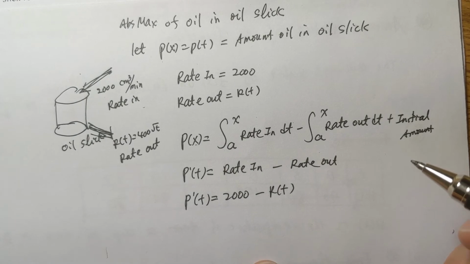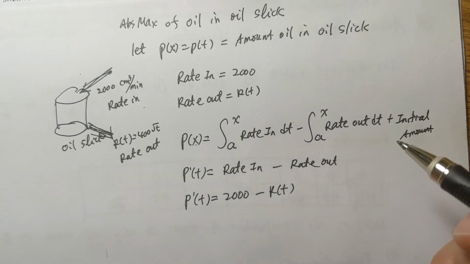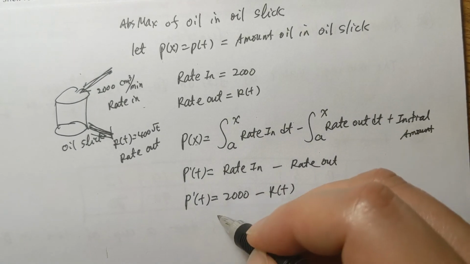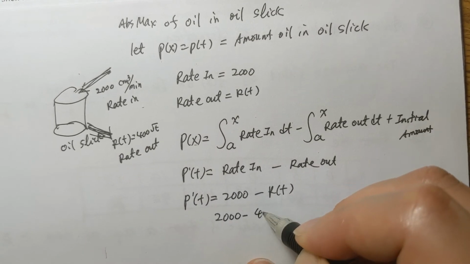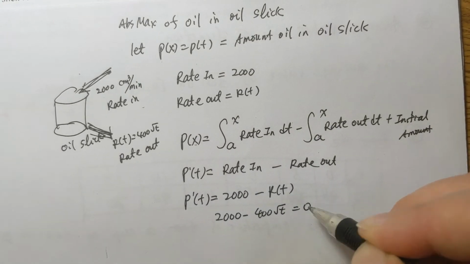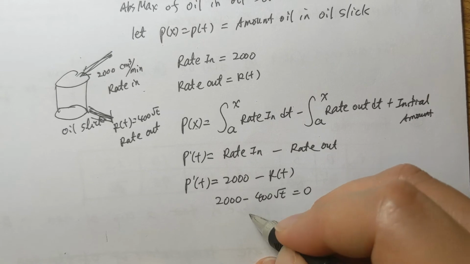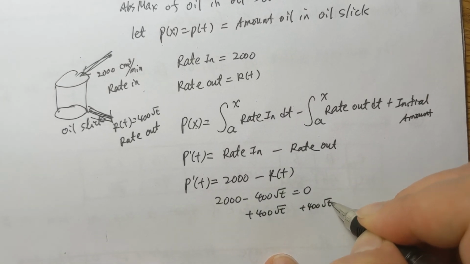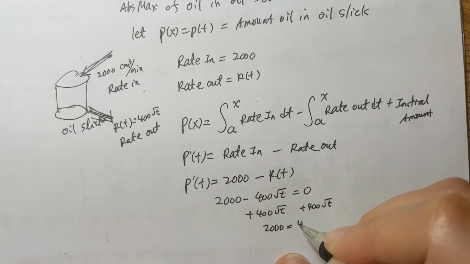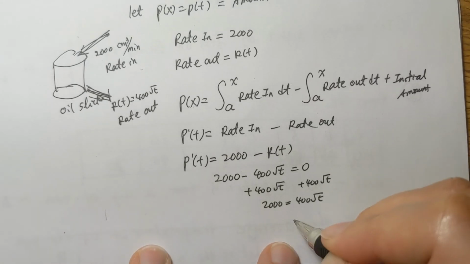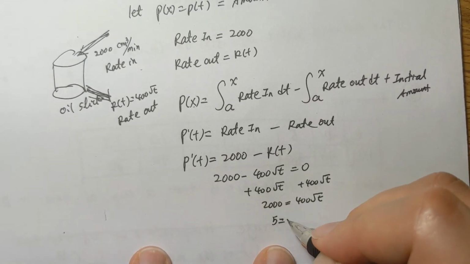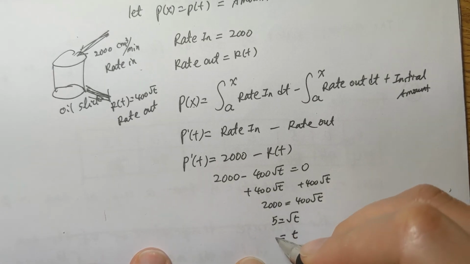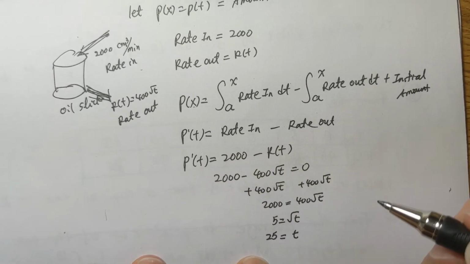We make the first derivative equal 0 to find the local max. So we get 2000 minus 400 square root t equal to 0, and then we solve for t. We add 400 square root t to both sides, so we get 2000 equal to 400 square root t. Divided by 400, we get 5 equals square root t, and then t equals 25 after you square both sides.